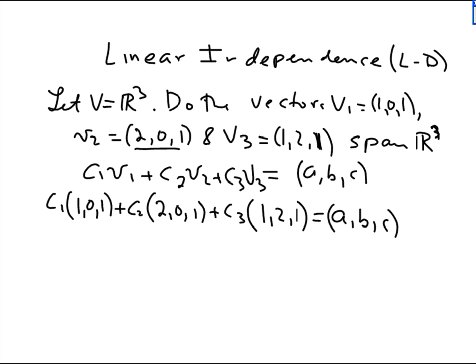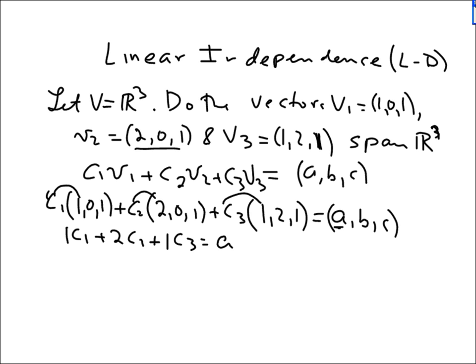So let's see what the first component will look like. You're going to get 1C1 plus 2C2 plus 1C3, and this, of course, will equal A.